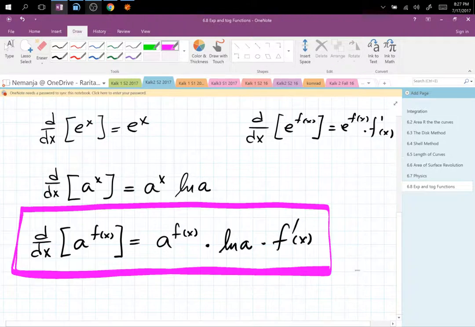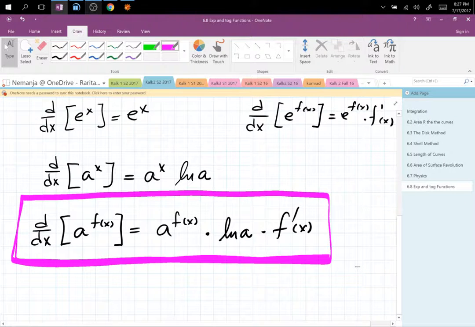And you can see quickly that if you want to use it to calculate the derivative of e to the x, you can, because if a is e, then that's e to the x, and that's ln of e, and ln of e is 1, so that dies. And if the exponent is x, then you get your e to the x, and then this would be the derivative of x, which is 1, so you get e to the x times 1 times 1.